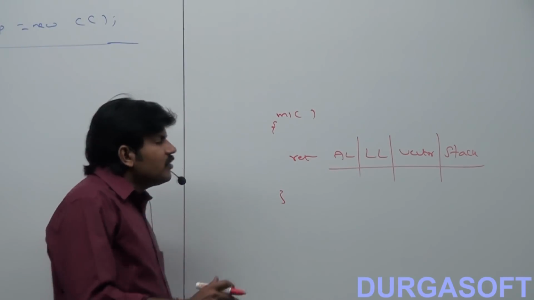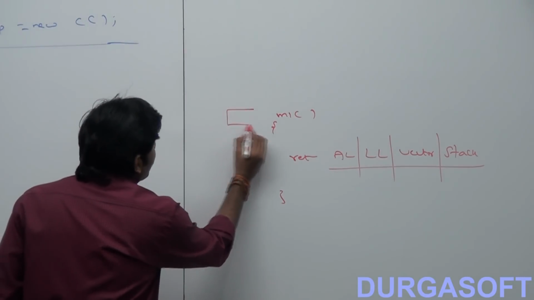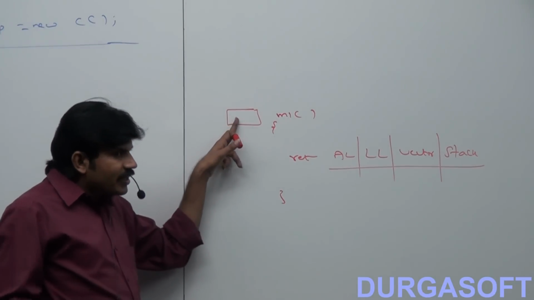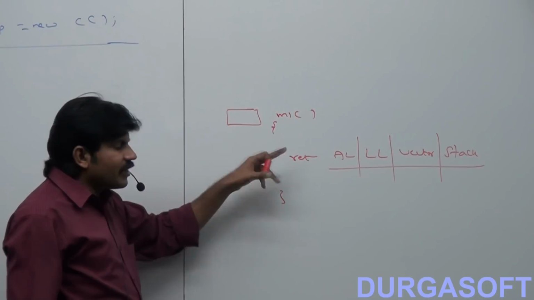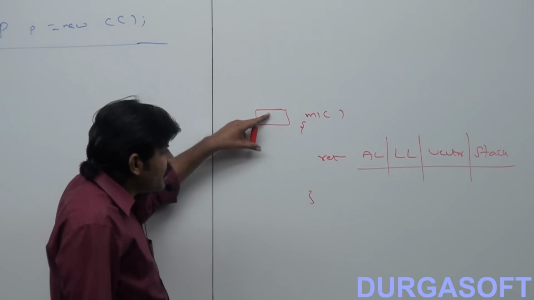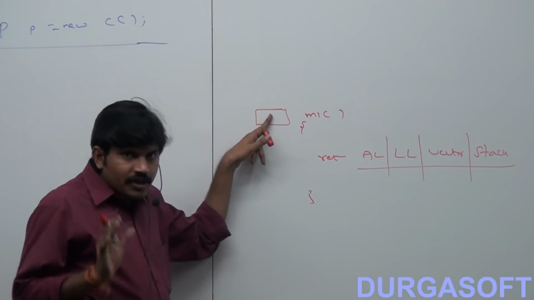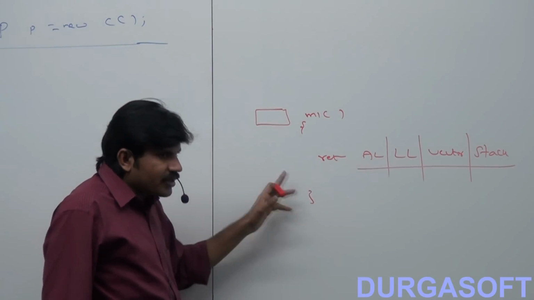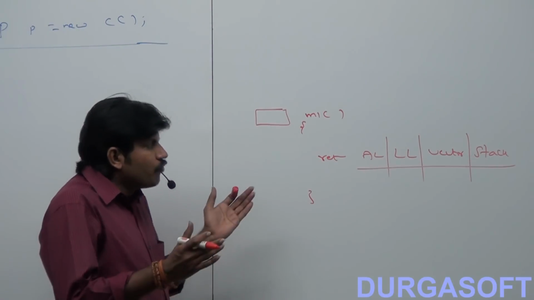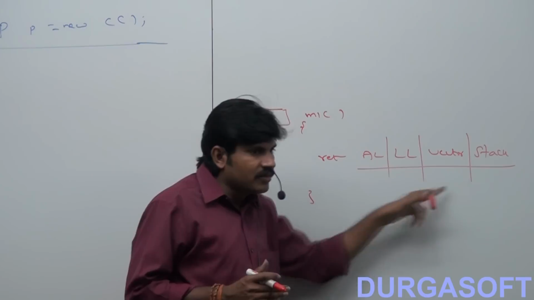I don't know. Then what return type should I keep for this method? Can I keep array list? If I take array list, we should return only array list, but not linked list or vector. Can I take linked list? If I take linked list, this method should return only a linked list object, but not array list or vector or stack.